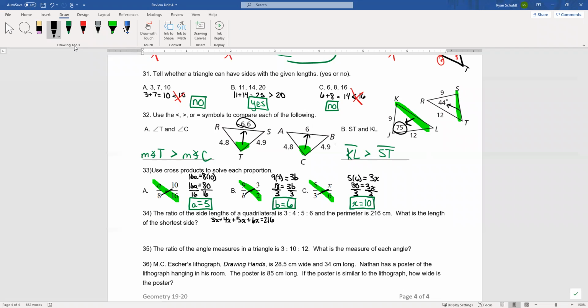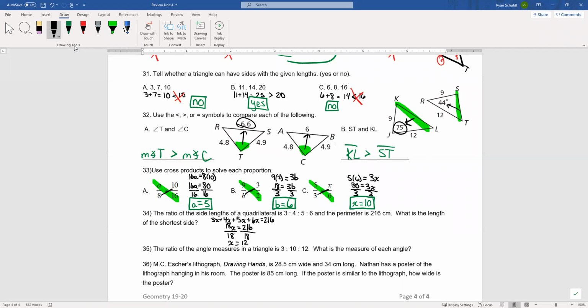If I combine all my x's together, I'll get 18x. 18x equals 216. Divide by 18, and we get x equals 12.